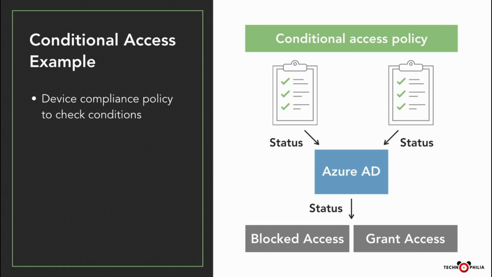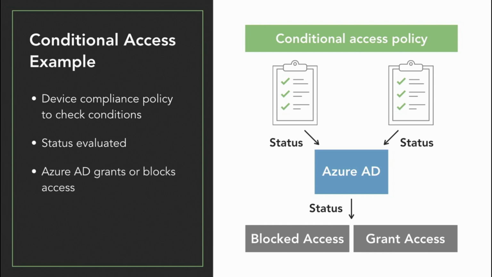When the user tries to access the resource, the status from this policy is evaluated by Azure Active Directory. Azure AD then passes this status back to the conditional access policy, which can then either grant or block access for the device based on the conditions being met.